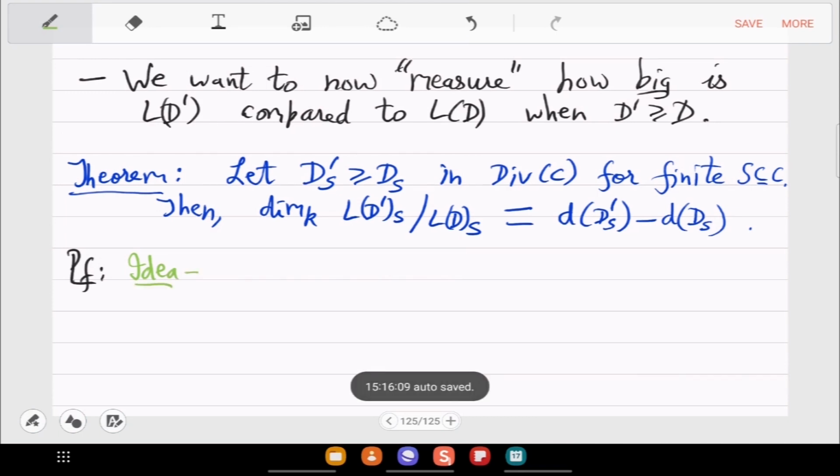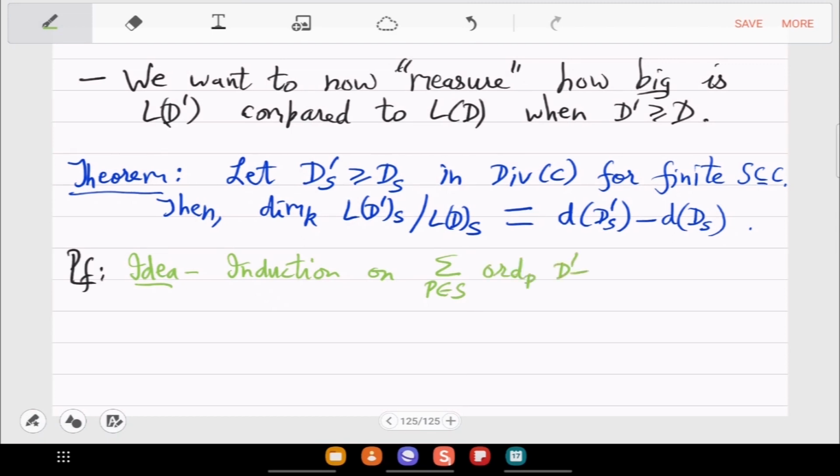So we will show this by induction on the degree essentially. Okay, we will induct on how many of these points you see in D prime minus D. Starting with 1, our base case would be that.